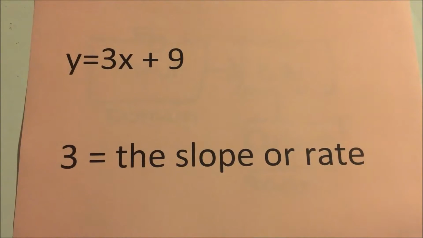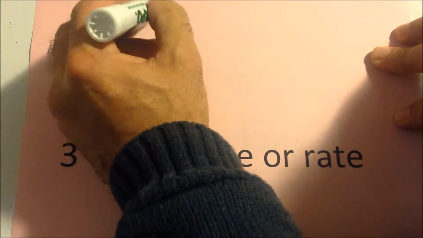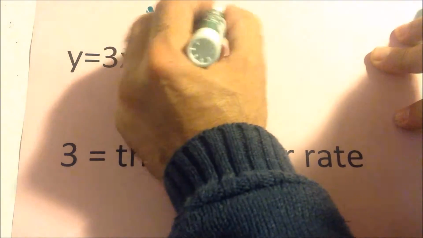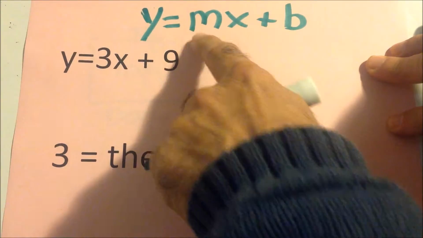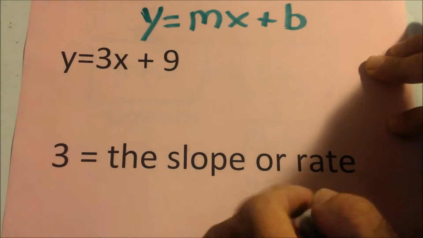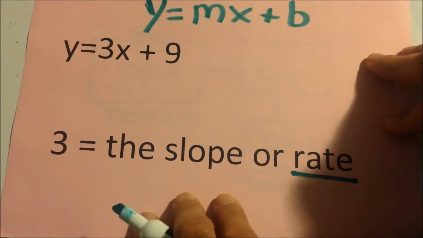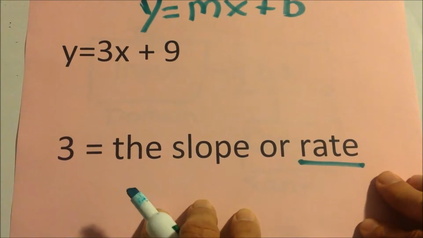And just to review this, the way we write this in slope-intercept form is y equals mx plus b. And we know that m is the slope. In this case, 3 is the m, so 3 is the slope. It's also called the rate of change. It's important to remember that the slope is the rate of change.